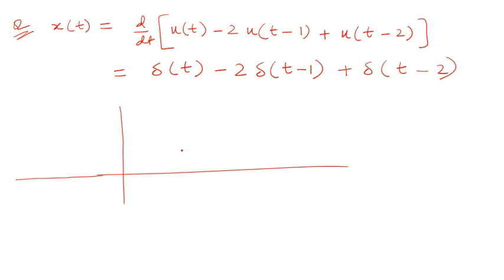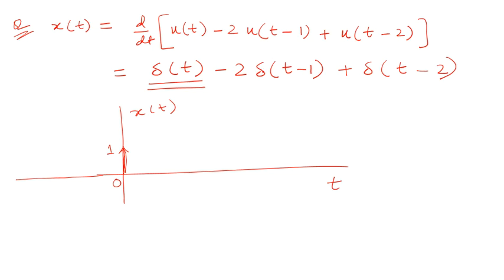If these are the axes, this represents your signal. First of all, draw δ(t). This will be nothing but an impulse at the origin, something like this. It will be at the origin with amplitude 1.